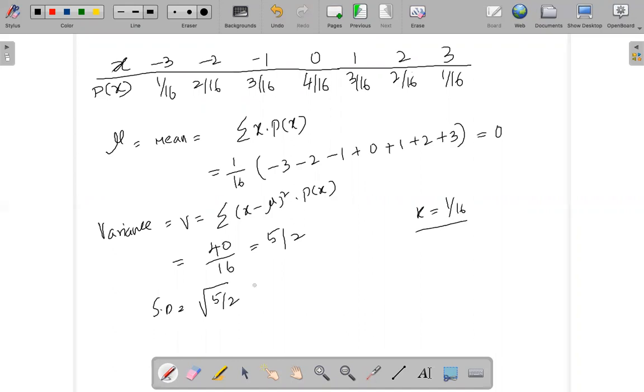Now another part of the problem is to find P of x less than or equal to 1, P of x greater than 1, and P of minus 1 less than x less than or equal to 2. Let us find that.